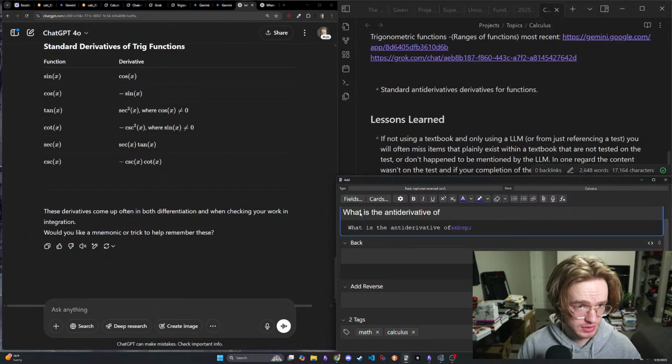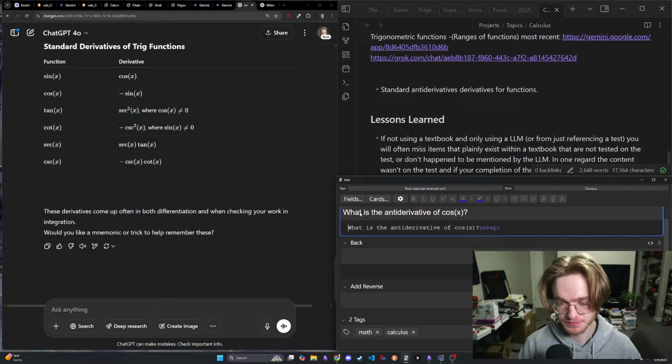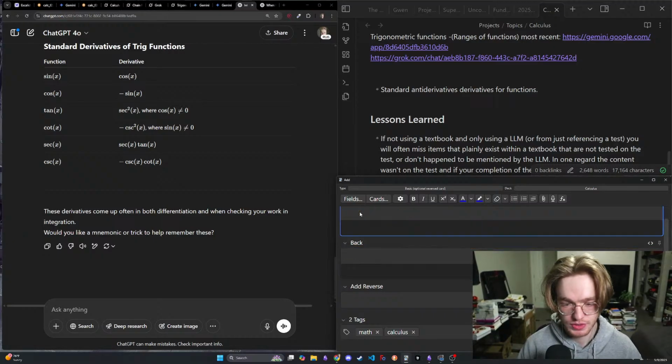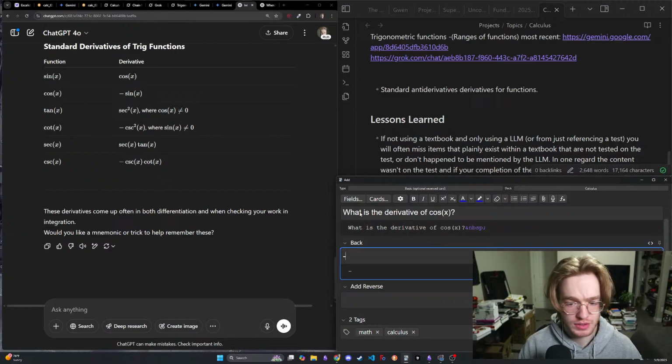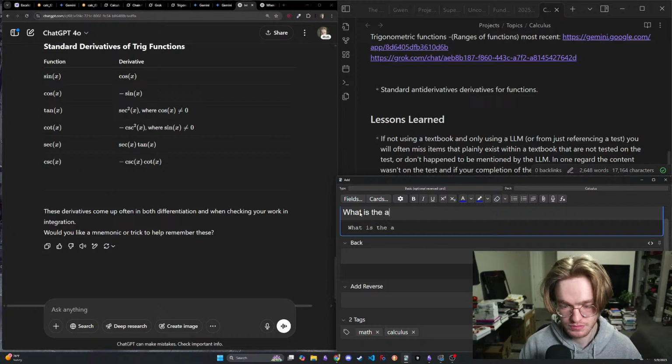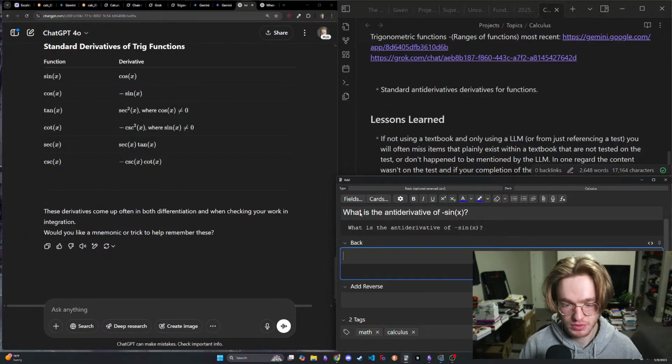Antiderivative of cosine of x, sine of x. Derivative of cosine of x, negative sine of x. That would be cosine of x.